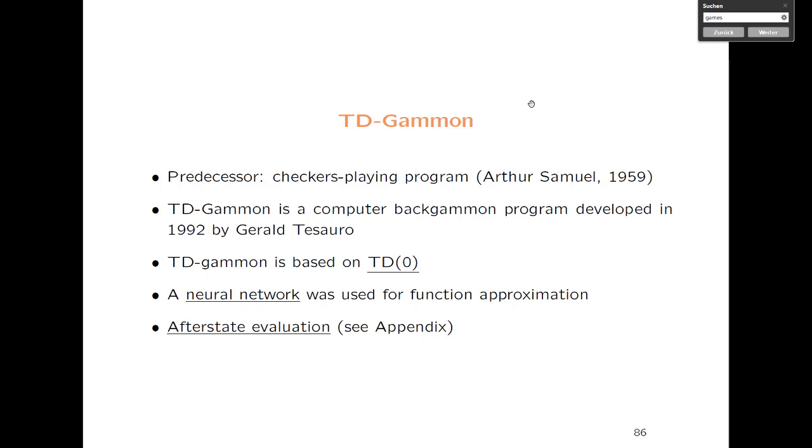And TD-Gammon is a computer backgammon program developed in 1992 by Gerald Tesauro. It's based on TD(0), and already then a neural network was used for function approximation, and it uses the trick of after-state evaluation. And historically, this was extremely important.